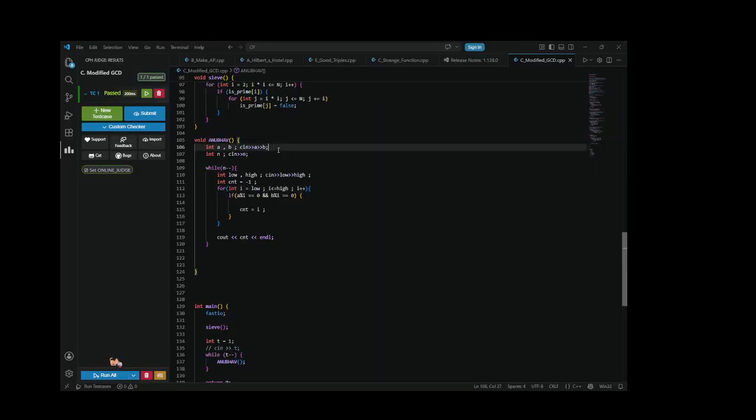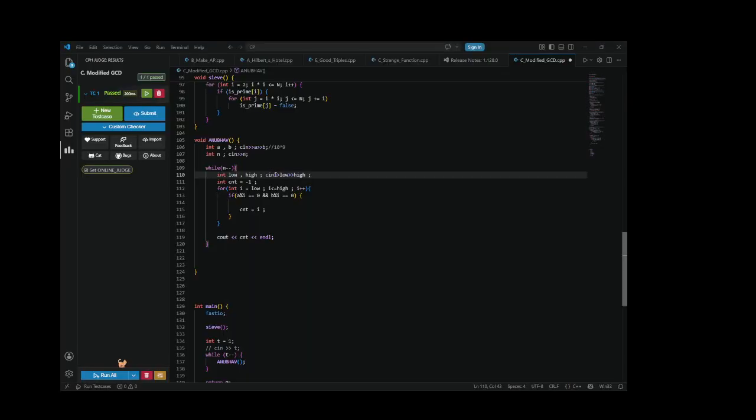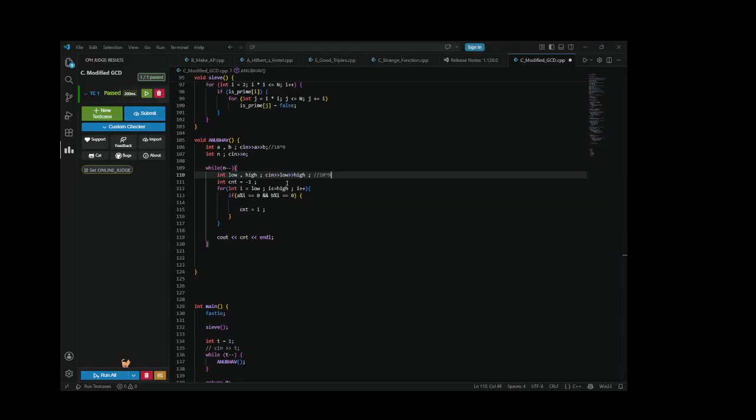So let's write it here, 10 to the power 9. And the values of low and high are also 10 to the power 9. And the value of n is 10 to the power 4.